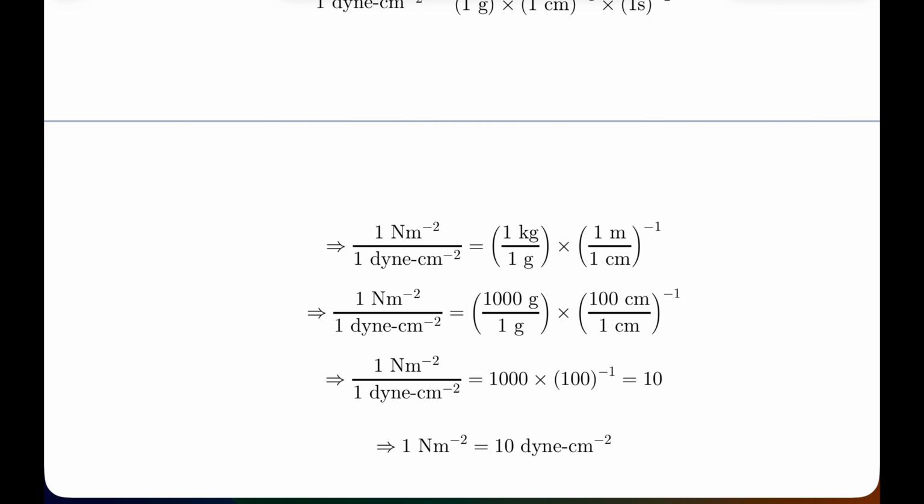That is, this is equal to 1000 into 100 to the power minus 1. This means this is equal to 1000 by 100. So this is only 10 here. This is what we have written here. Okay. So 1 Newton per meter square is, bring this to this side, 10 dyne per centimeter square. Clear?